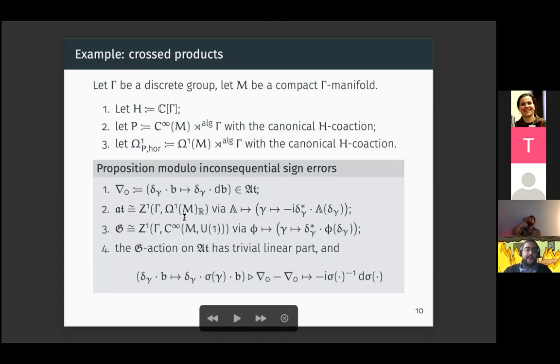And what's extra nice is that you can ask, okay, what are the co-boundaries? Well, the co-boundaries are the derivations in here that are inner. And then similarly, the gauge group has an interpretation as a group cohomology of gamma with coefficients in this abelian group. You can work it out explicitly as well, and you can work out what the gauge action is.